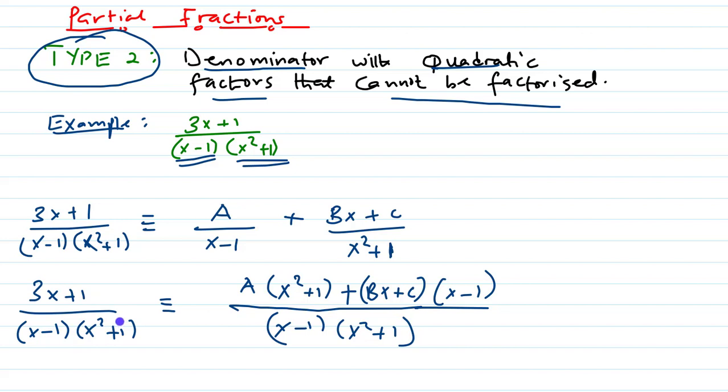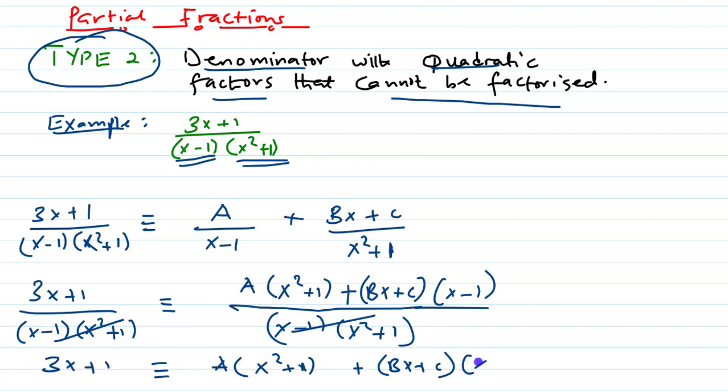The denominators cancel and we remain with 3x plus 1 being equivalent to A into x squared plus 1, plus bx plus c, all multiplied by x minus 1.